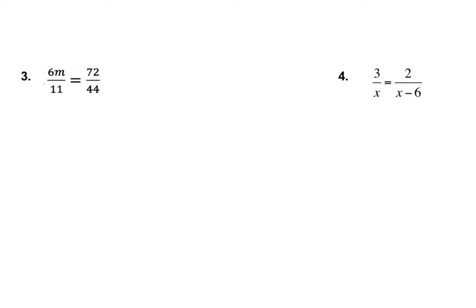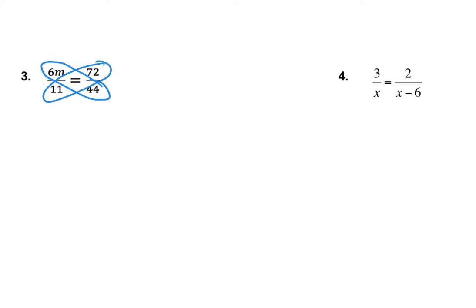All right, and question number 3, this one's a little bit different than the ones you've done. The ones that we've solved using the cross product property just had one variable, or just a 1 with the variable. For these, notice you have a number with that variable, but we're going to solve them just the same. I'm simply going to take 6m times 44, and then I'll take 72 times 11.